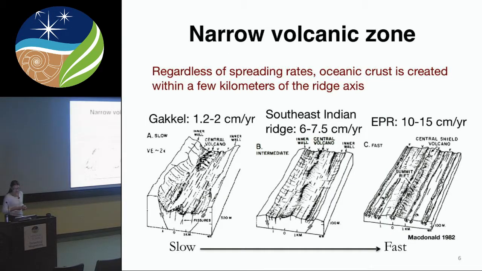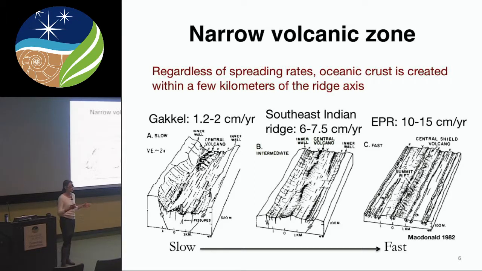So another really interesting thing is that the oceanic crust is formed within a few kilometers of the ridge axis, regardless of spreading rate. So for a slow spreading rate like the Gakkel Ridge, it has the axial low. And then for the East Pacific Rise, where it's much faster, you have an axial high.